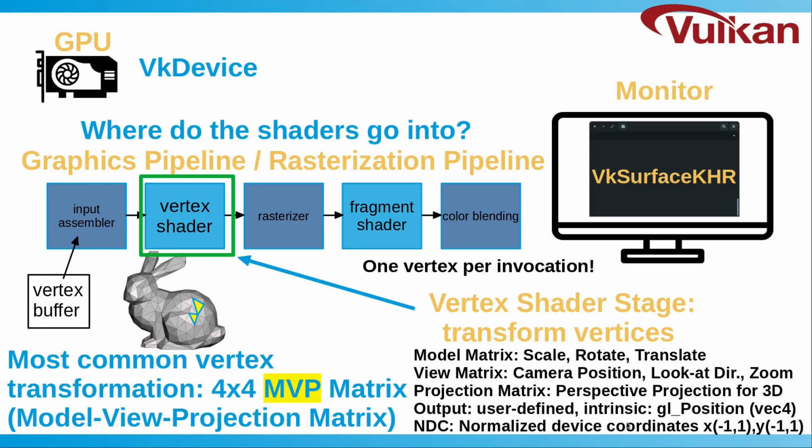Then the output is 1 intrinsic variable, which is called GL_position, which is a vec4. So this is a vector with 4 elements. The first 2, X and Y, are the position on the screen, in-screen coordinates. And the third one is the Z coordinate.